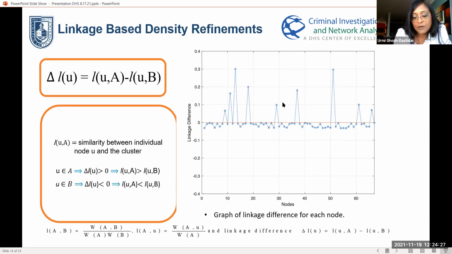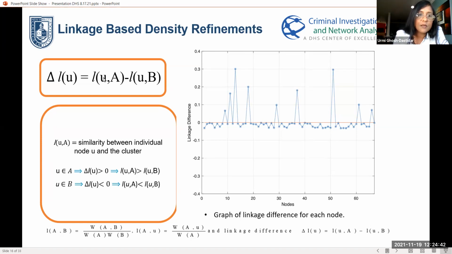So what we did, we identified the nodes. In the next slide, you will see we identify the nodes where some of them, I don't recall which one happened, but I'm going to tell you.